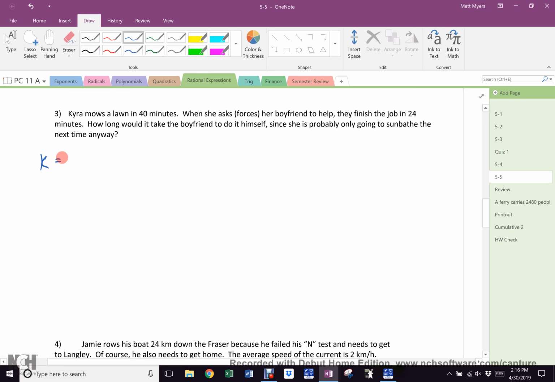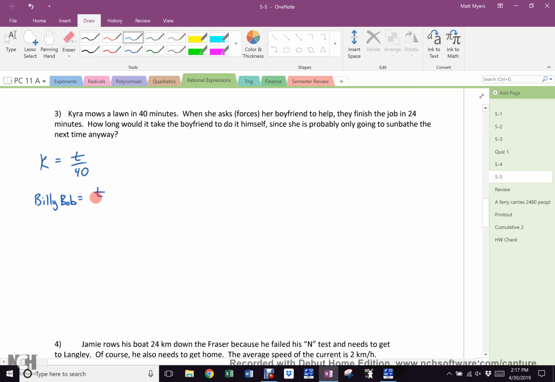Kyra. What is the fraction that we will write for Kyra? T over 40. Agreed? What will we write for Billy Bob? Time over what?